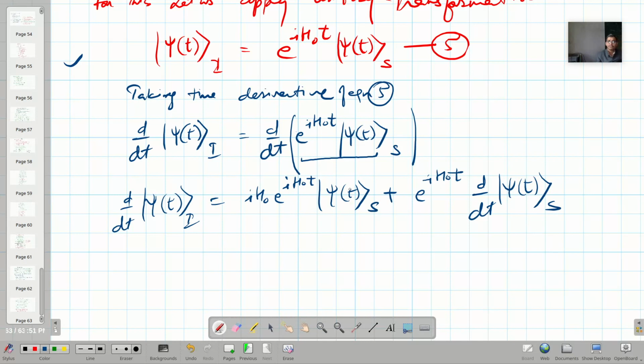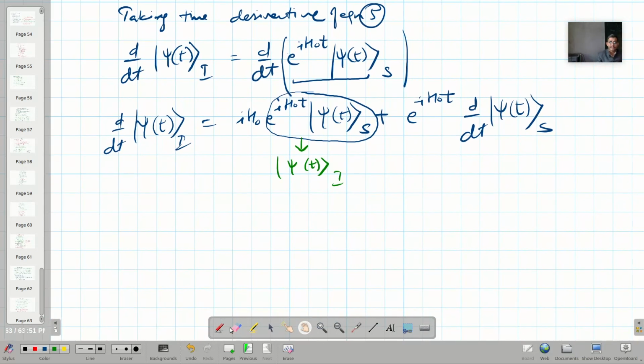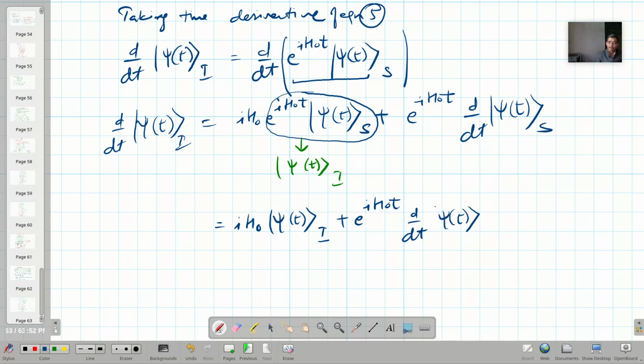But if I use equation number 4, this part is equal to psi t I, right? So you can write this equation as i h naught psi t I plus e raised to power iota h naught t d upon dt of this one.